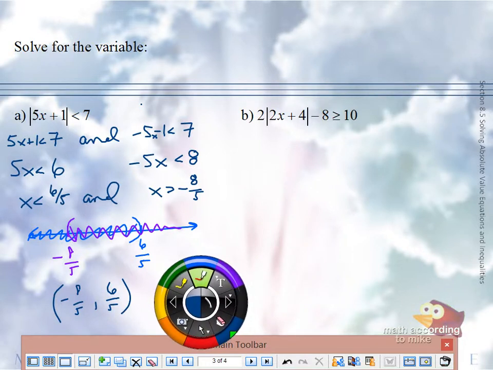All right, part B, what do we got to do first? Isolate. If you guys said left early, we would have left early, but no one said it. Oh well, that was your chance. We're going to add 8 first. And then what? Divide.